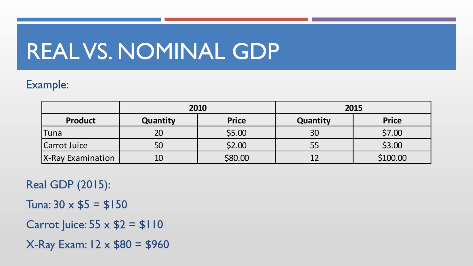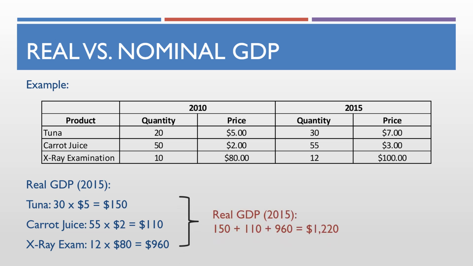Once we set the base year, we use the prices in 2010, and we use those base year prices to multiply the quantity we produce in 2015. So in this case, we're calculating the tuna value to be 30 times 5, and the total value of carrot juice 55 times 2, and so on.